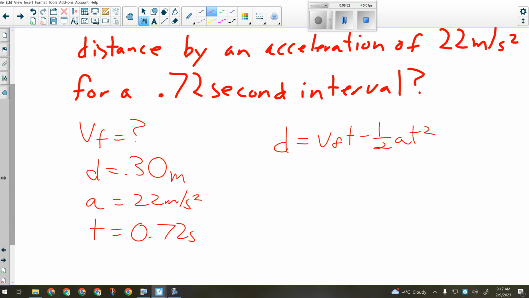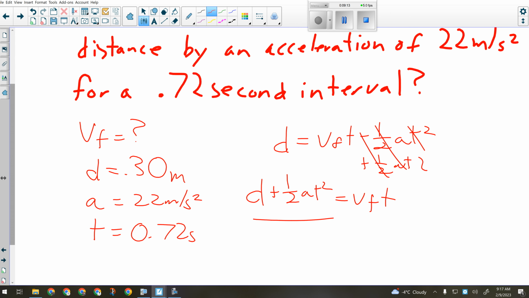Right, and how do I move it? Put a plus and you cancel it. Plus. Exactly, I'm going to add it to both sides. So plus 1/2 AT squared: D plus 1/2 AT squared equals VF times T. How do I get VF by itself? Divide by T.